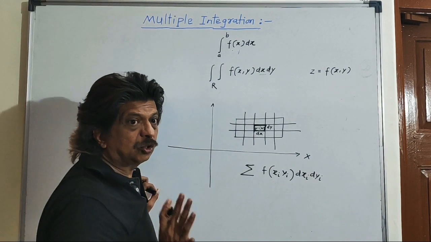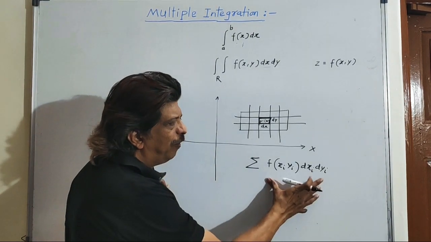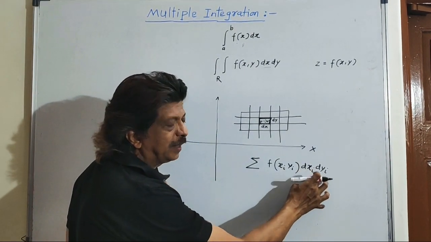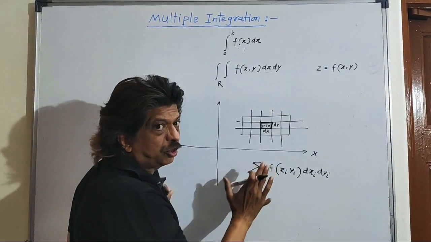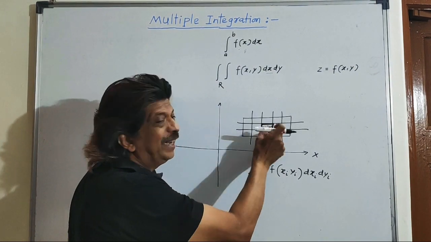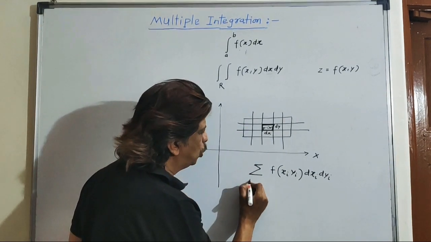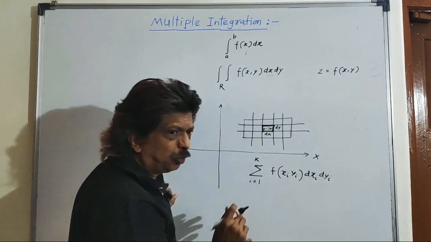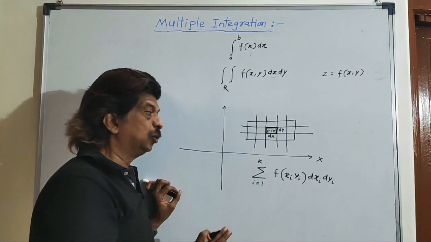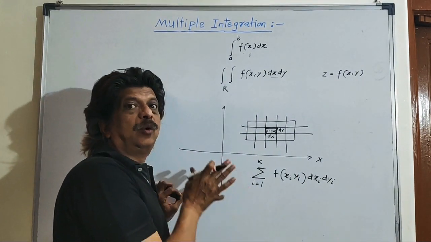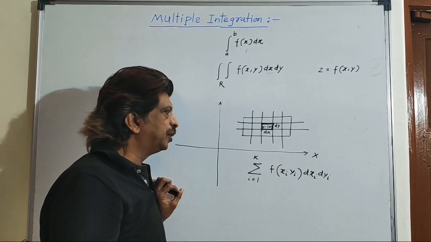We take the sum of all such products, f of x_i comma y_i multiplied by dx dy, this area multiplied by height, meaning we are adding all such volumes of each elementary rectangle. Now i equal to 1 to k. Let us assume that there are k number of rectangles. So corresponding to these k rectangles, there would be k volumes erected over this rectangular region.